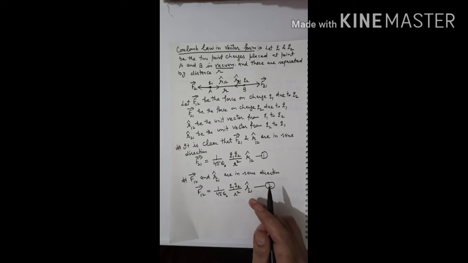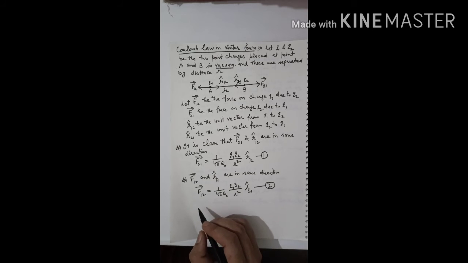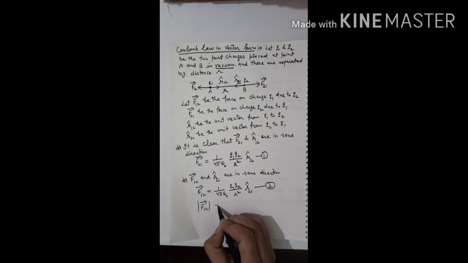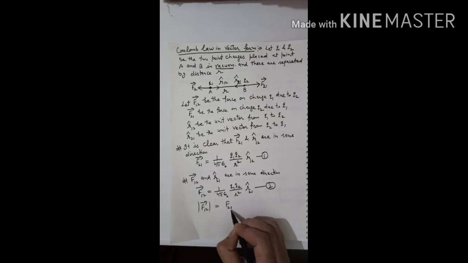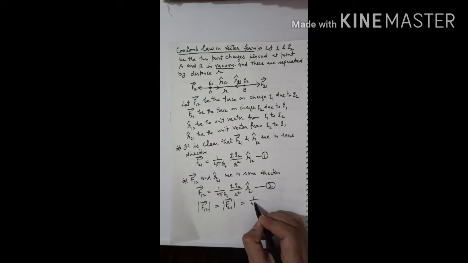So it is clear from these two equations that the magnitude of the force is equal in both cases. The modulus of F12 and F21 is equal to 1 by 4 pi epsilon naught Q1 Q2 by r square.